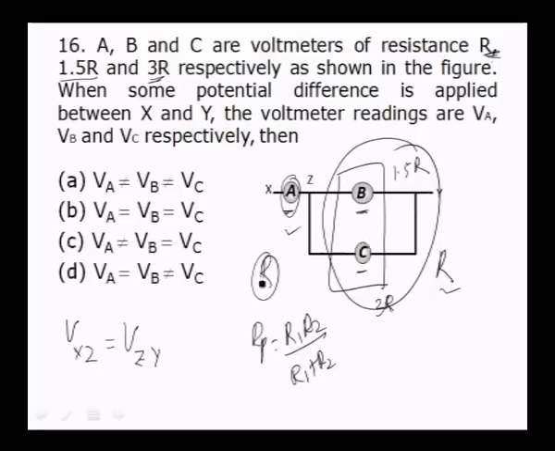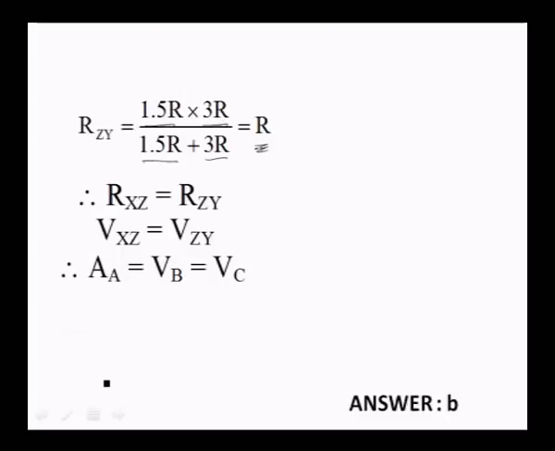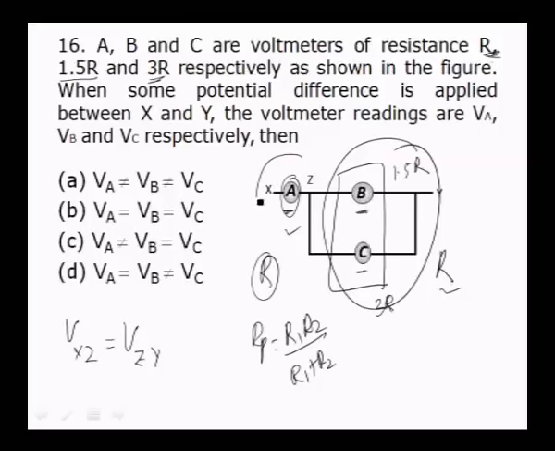Therefore, voltage will divide equally. Therefore, the voltage across this and the voltage across this should be the same, no change. Therefore, the correct option is B.